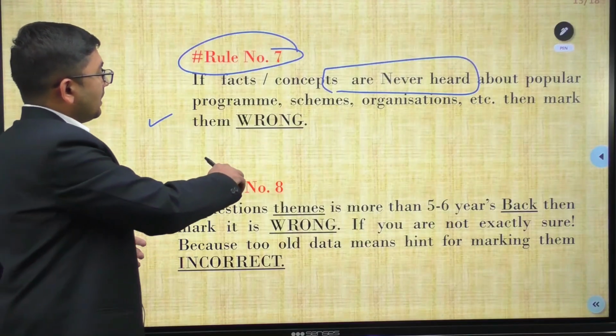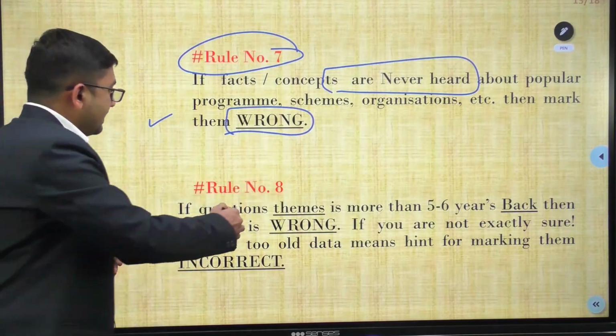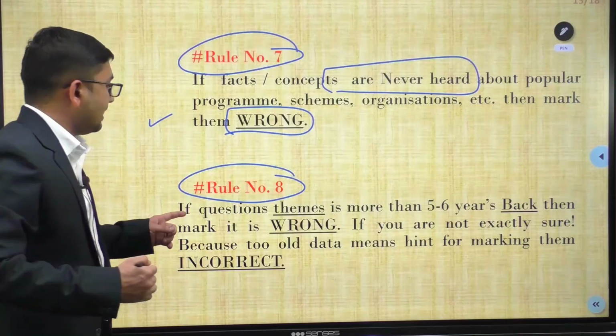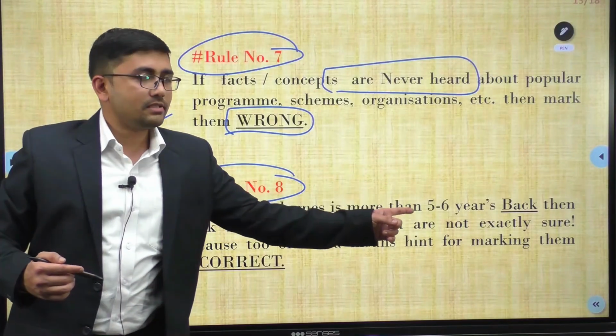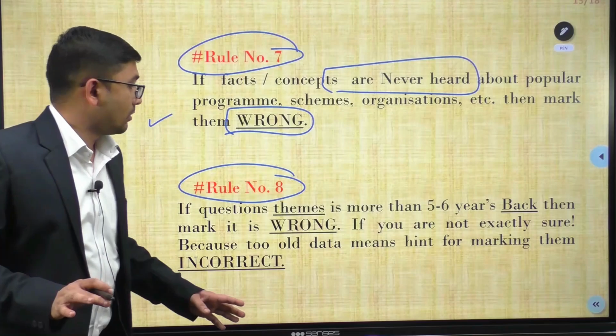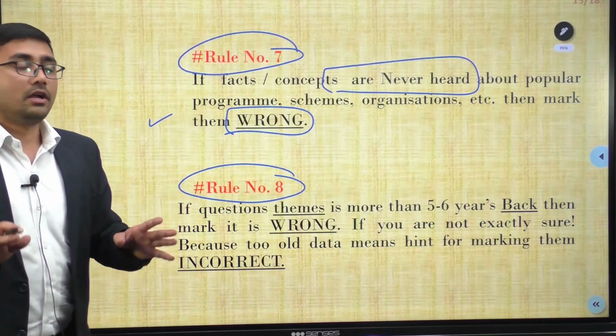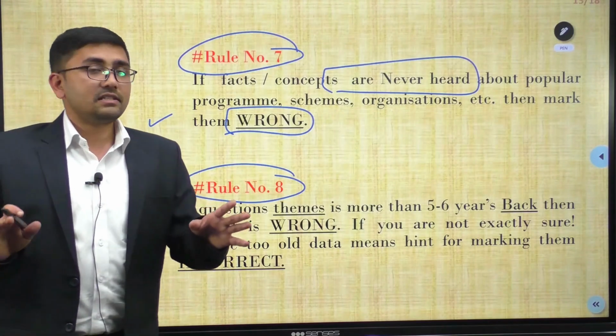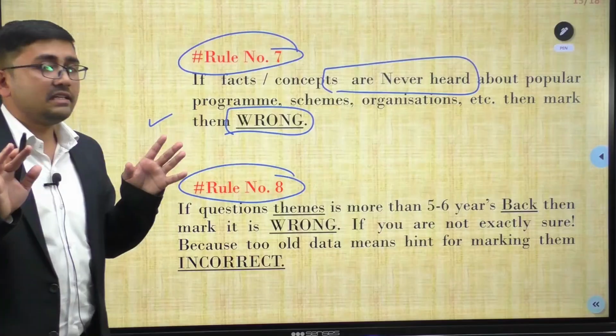So mark it wrong. Rule number 8 says that if the question theme is more than 5-6 years back, then mark it wrong, if you are not exactly sure, because too-old data is a hint for making statements incorrect.